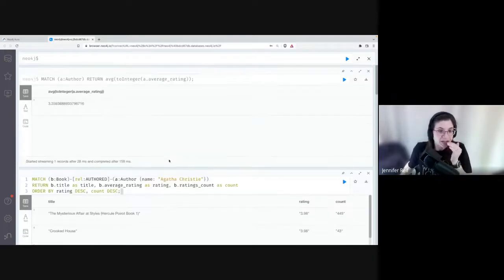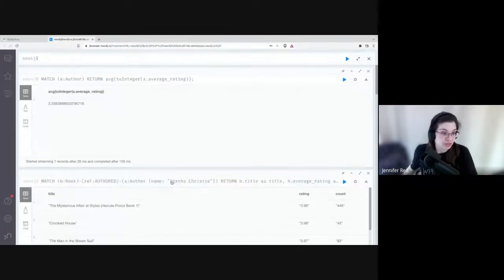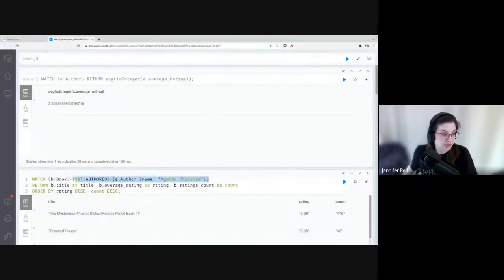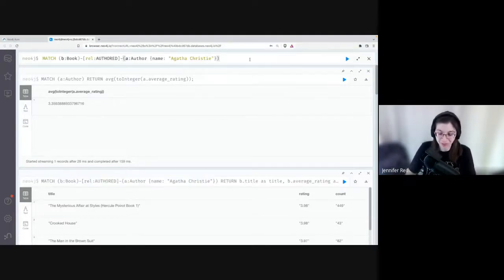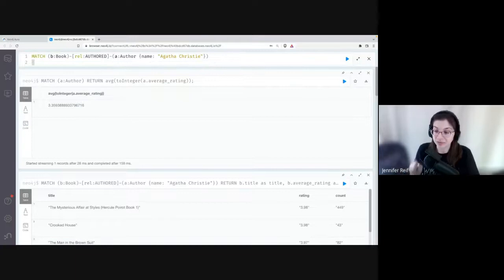Okay, so that was looking at Agatha Christie's best and most rated books. Now maybe we'd want to find the books that have the most reviews for her. I'm only focusing on Agatha Christie for today, but there are plenty of other authors in this data set we could look at. This is a relatively scaled down version.